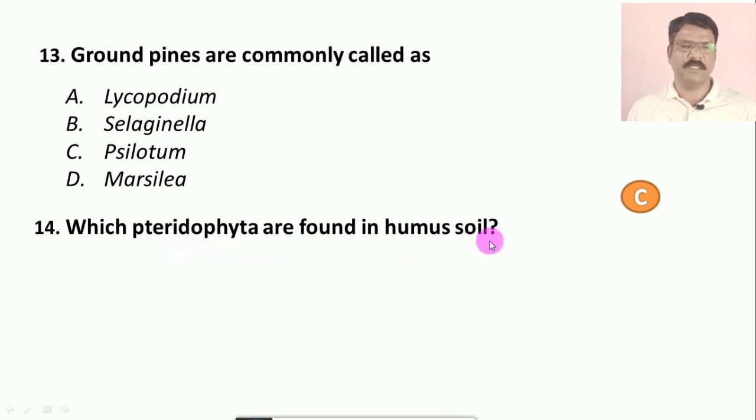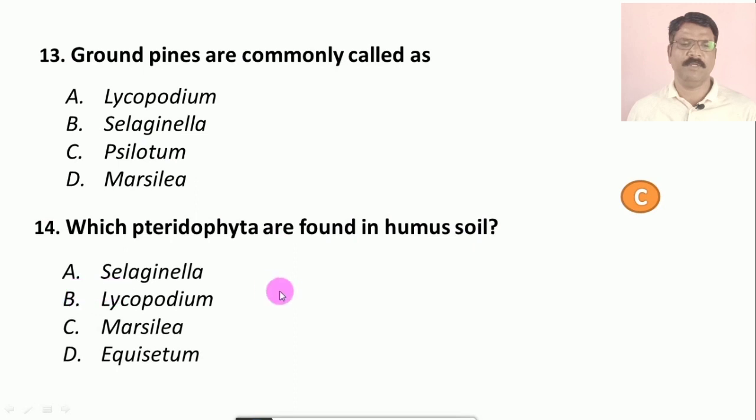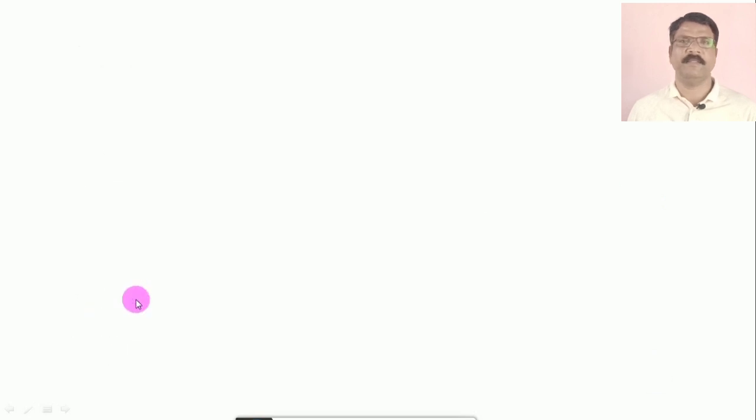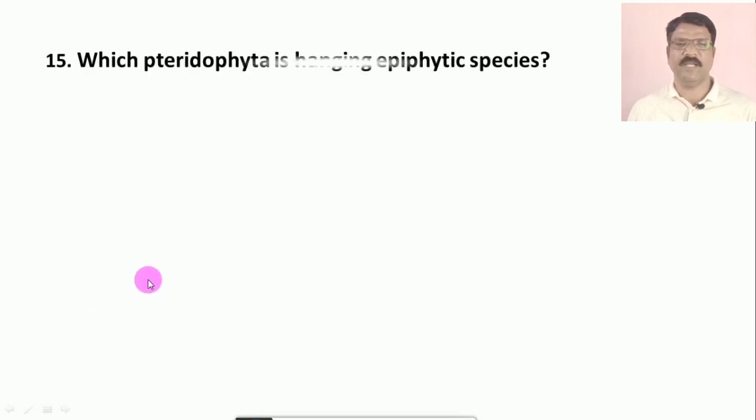Options are A. Selaginella, B. Lycopodium, C. Marsilea, D. Equisetum. The correct option is B, Lycopodium is found in humus soil.